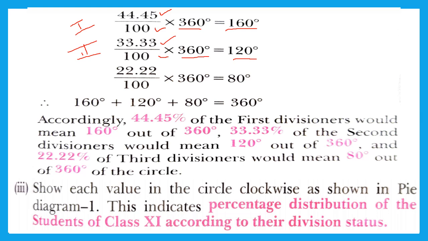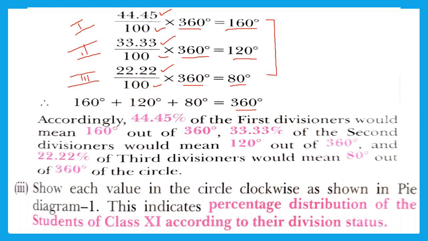This is for second divisioner. And for third divisioner, the degree would be the percentage of third divisioners divided by 100 into 360°, that is 80°. Now when we add all these 3 degrees, we will get 360°.